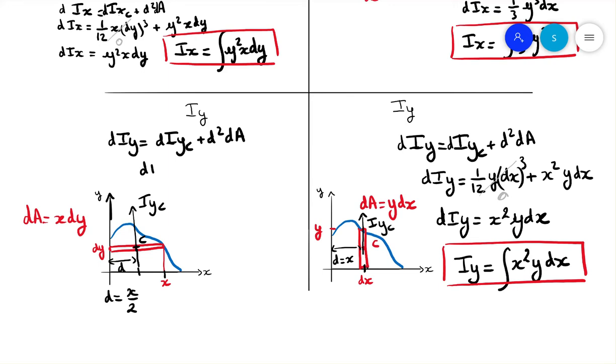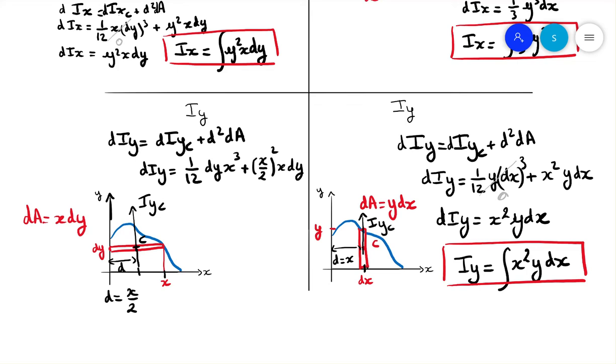So dIy is equal to, so the dIc, you rotate 90 degrees and it's equal to 1/12 of b. So b is your dy, h cubed is your x cubed, plus the d squared. d is equal to x divided by 2, squared, and your dA is equal to x dy.